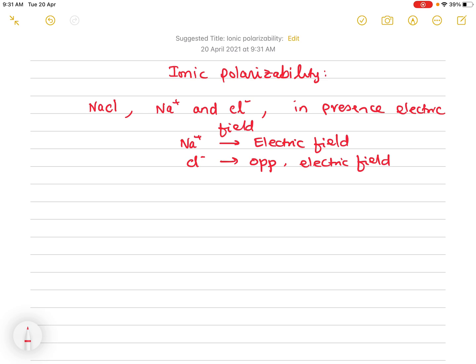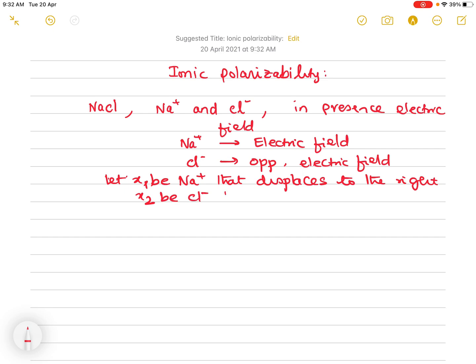So let x1 be the displacement of the sodium ion to the right, and x2 be the displacement of the chloride ion to the left.